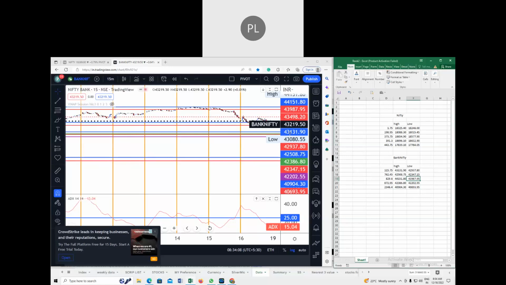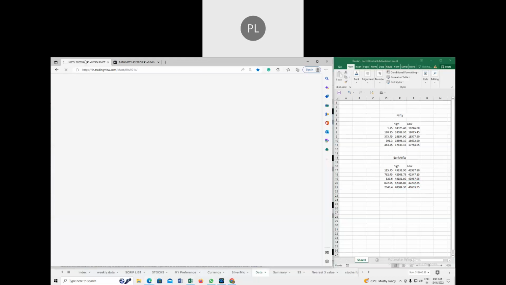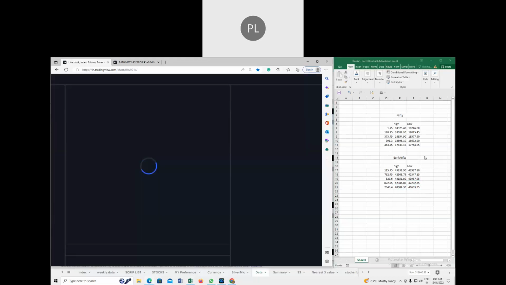So the next line we have marked is 43131.90 and 42937.80. The third marking is 42508 and 42947. The fourth marking is 42386 and 42202.55, and the last marking is 40904 and 40693.95.